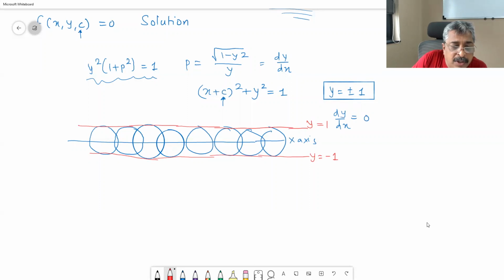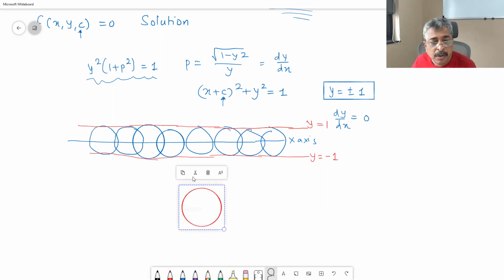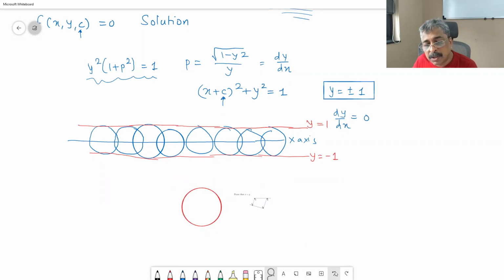Now if I consider two circles, I think I should be able to copy it and bring it very close. That's like slow internet. Copy, paste.